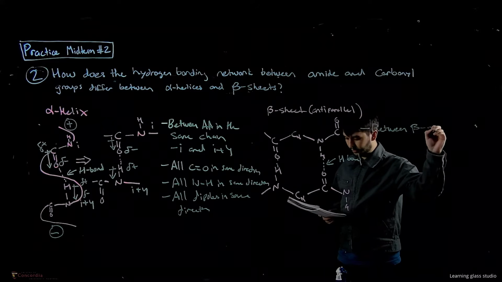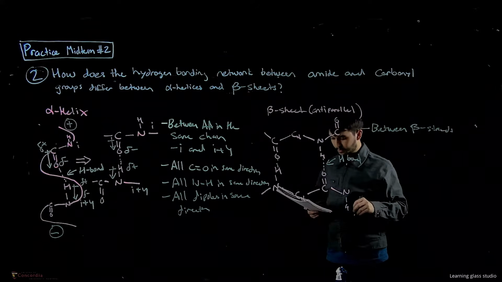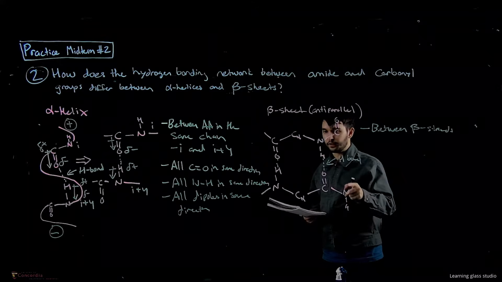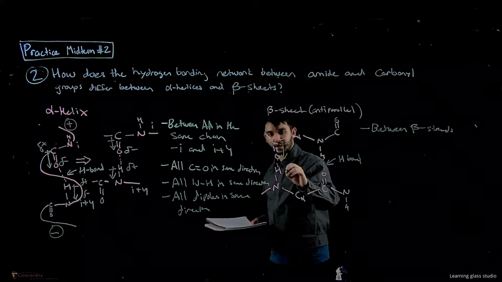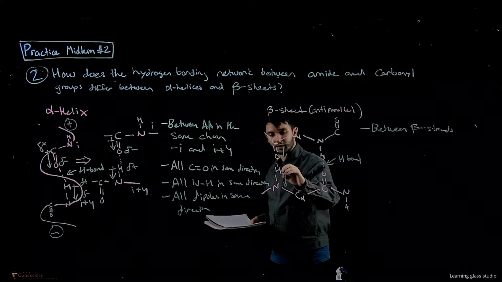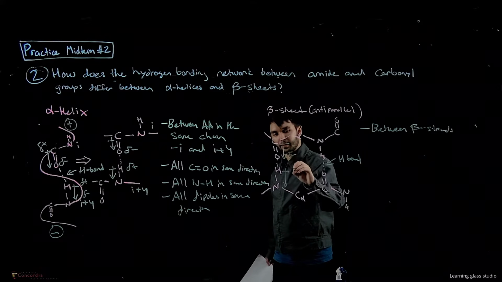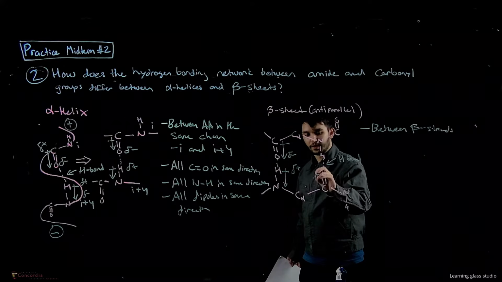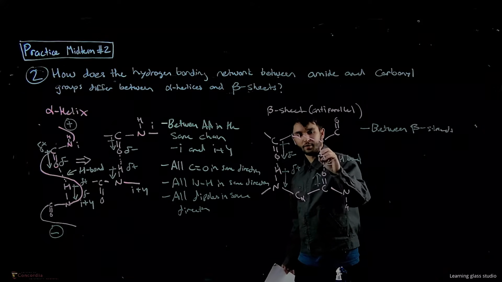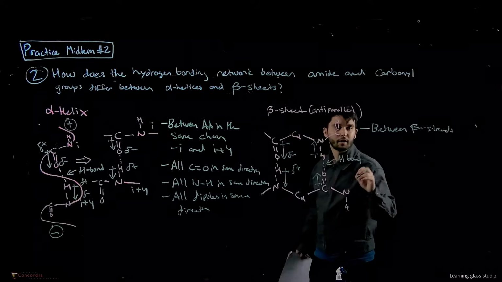And these are not all in the same direction. So if we draw these again, we can see we still have a delta minus here and a delta plus here connected. But if we draw them over here, we can see they are in different directions.